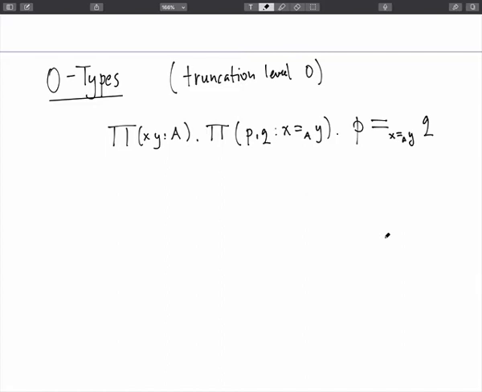Such a type has no interesting paths. We call it a set.